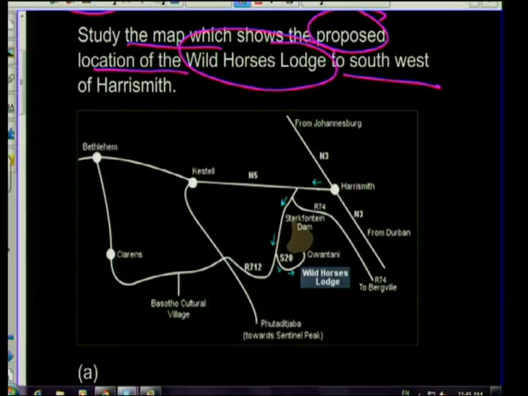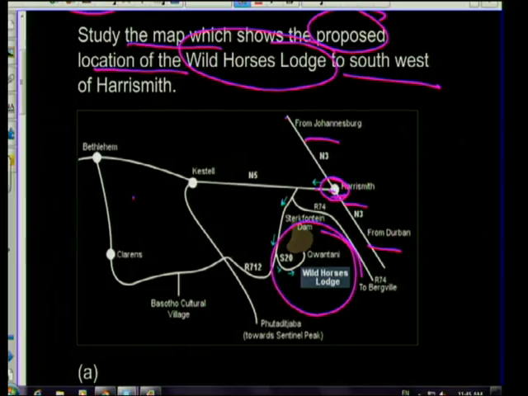If I look at it, this particular diagram has the N3 as a linear object, but it shows you points of location like Johannesburg, which is to the north, Harrismith, which is your central point, and Durban. It further shows you the N5 and the location of a proposed Wild Horses Lodge, which is today existing towards the town of Harrismith to the southwest.